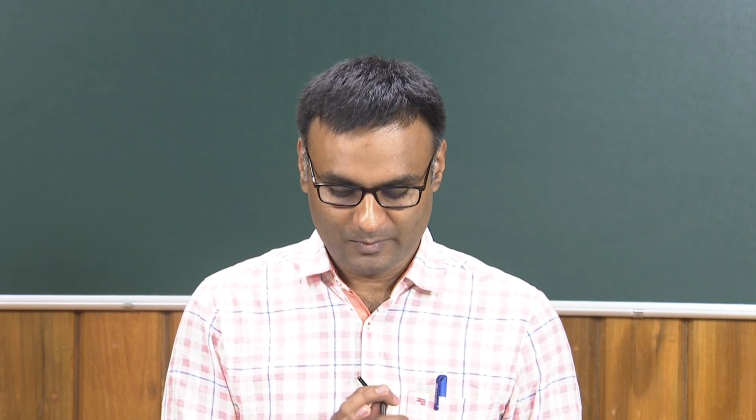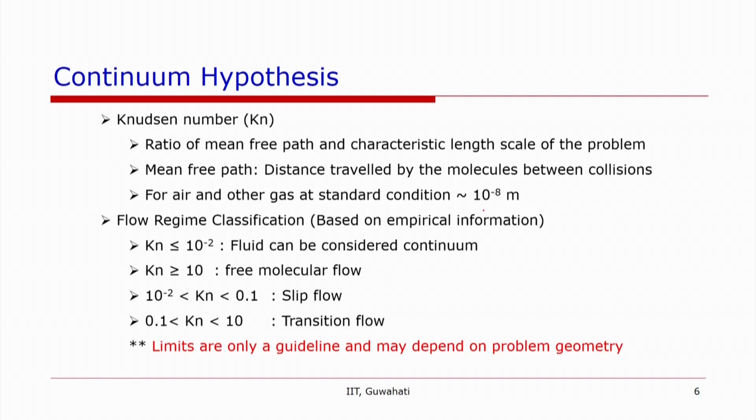So the distance that the molecules in an average sense travel between two collisions is called the mean free path. And for air and other gases, this will be the largest out of the three phases. It will be largest for the gaseous phase.